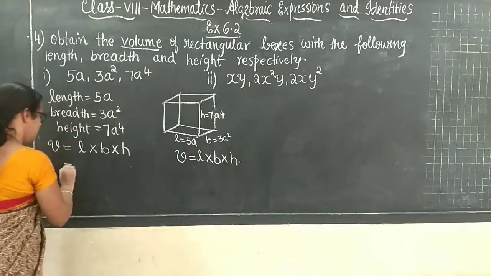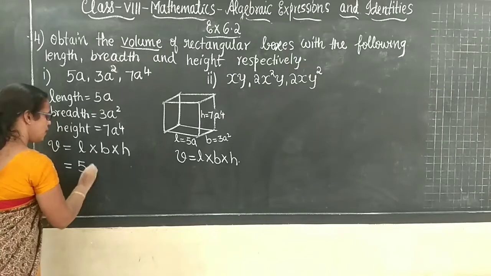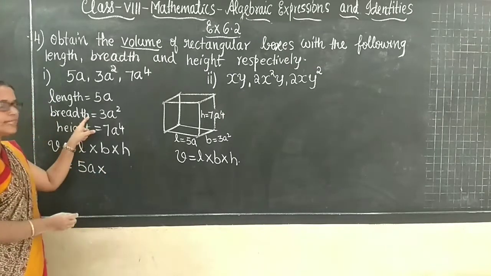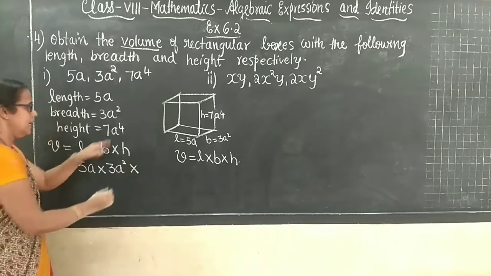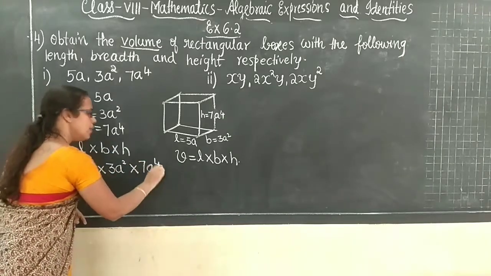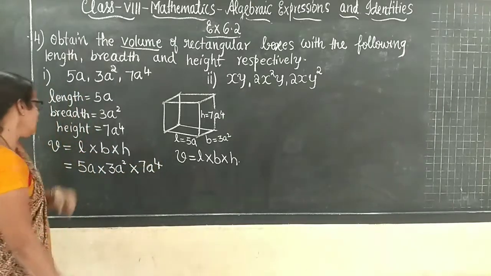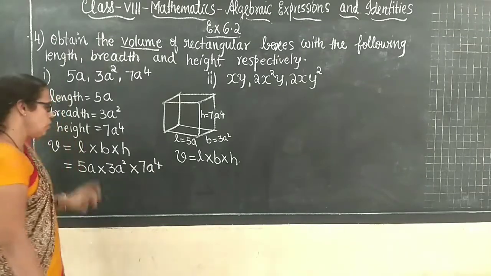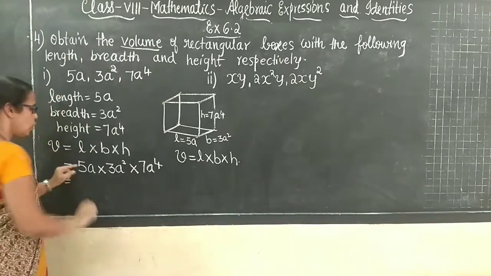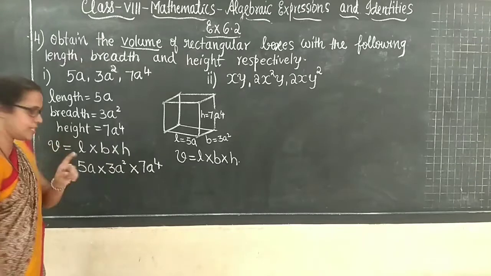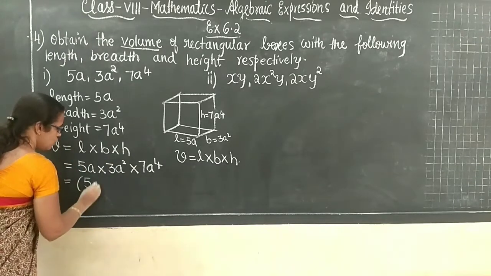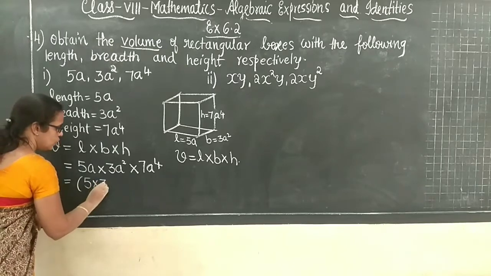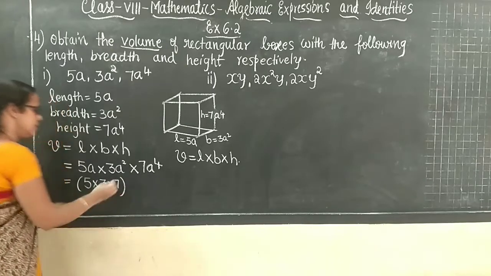Length is 5a, breadth is 3a square, height is 7a to the power 4. How can I multiply this, children? Always multiply the coefficients first. So 5 into 3 into 7.